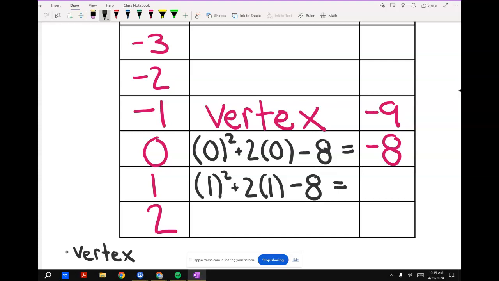It would do all the simplifying for you. If not, just follow order of operations: exponents, multiplication, then adding and subtracting. So evaluating this out, we would have 1 plus 2, which is 3. Then we minus 8. So 3 minus 8 gives us -5. So we put a -5 here.